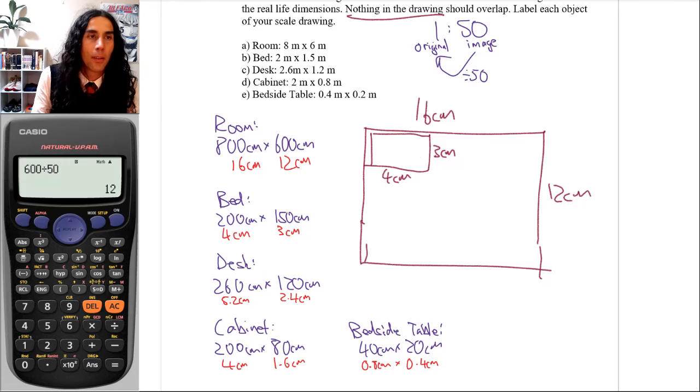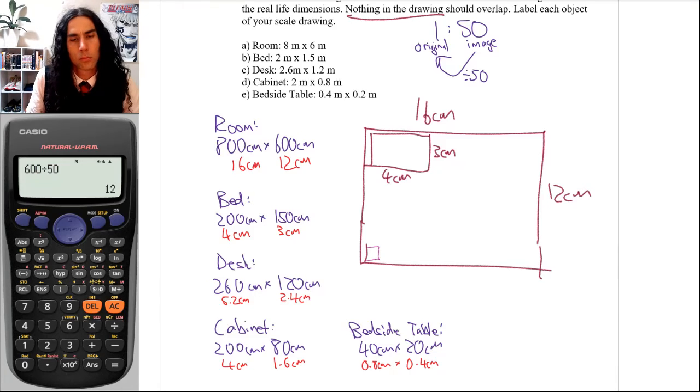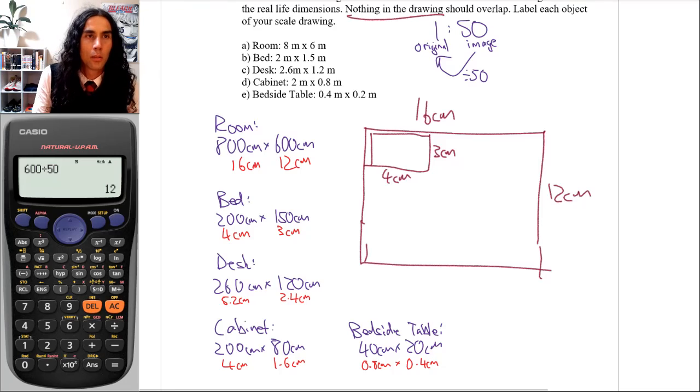My bad. I'm going to put my bedside table over here. I made it too rectangular though. You get the idea, right? 0.8, 0.4.